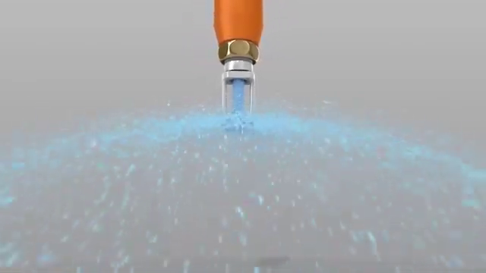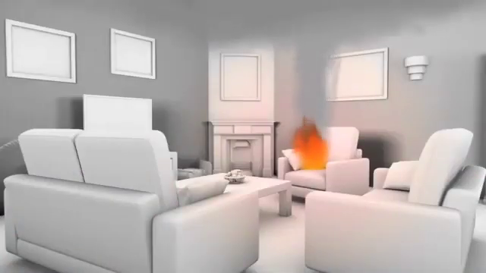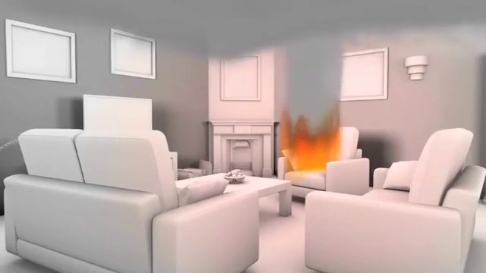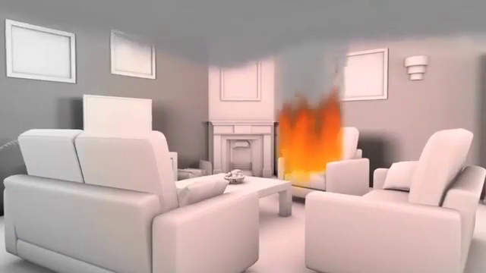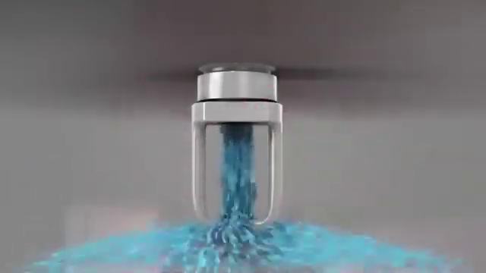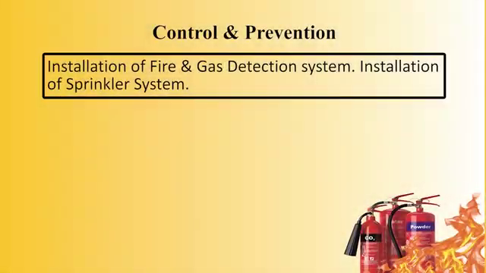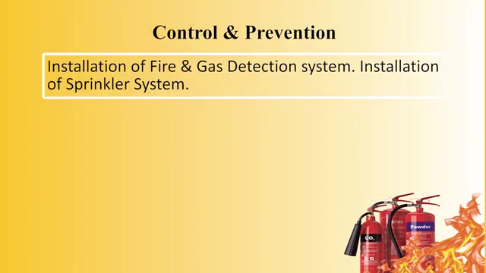Whenever it ruptures due to the heat of the fire, the sprinkler is automatically operated, and on operation of the sprinkler, the gas will subside, the smoke will subside. It is good for reducing the lethal concentration of carbon monoxide and hydrogen cyanide.